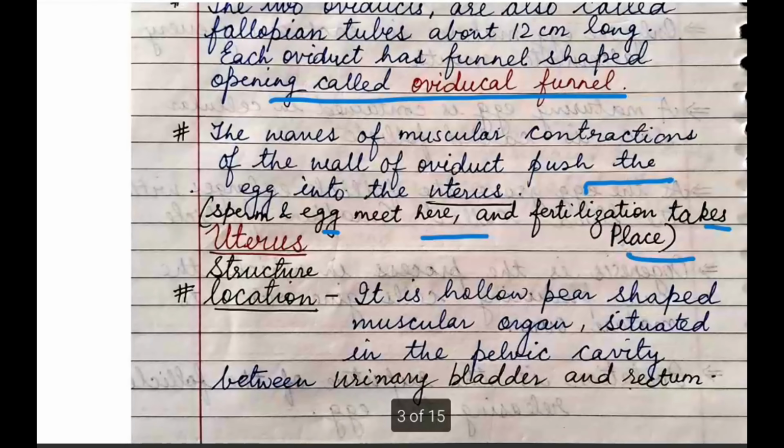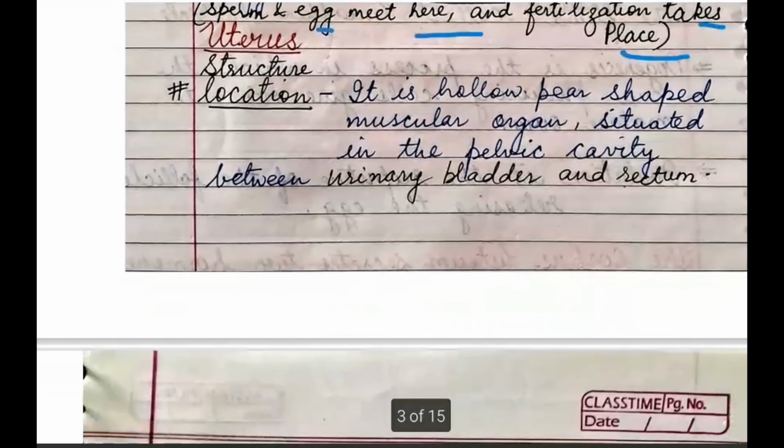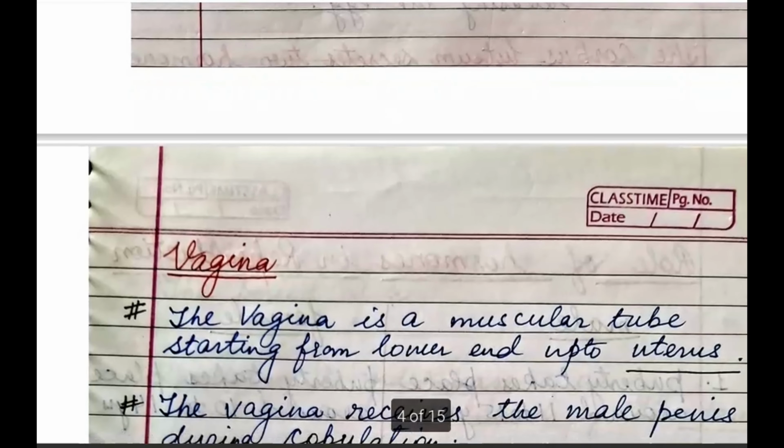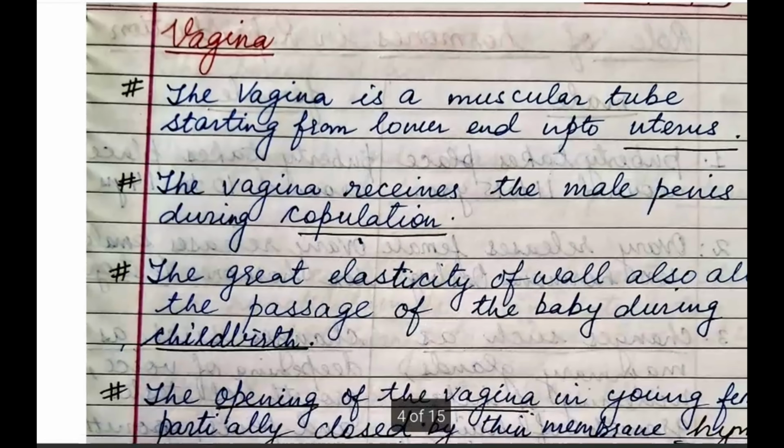Now the uterus: it is a hollow pear-shaped muscular organ situated in the pelvic cavity between the urinary bladder and the rectum.